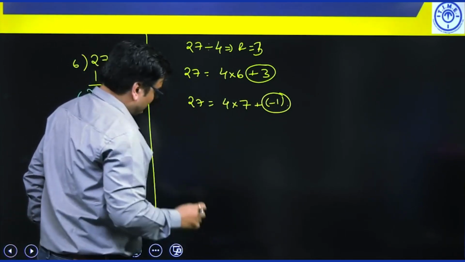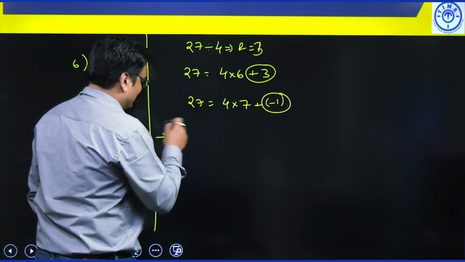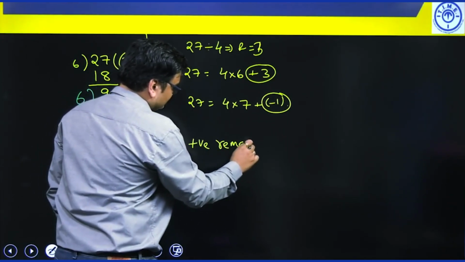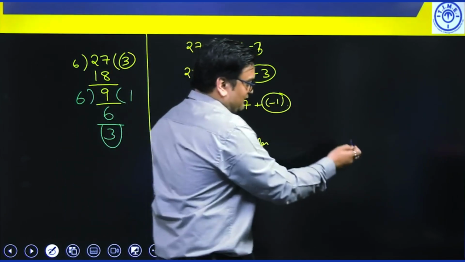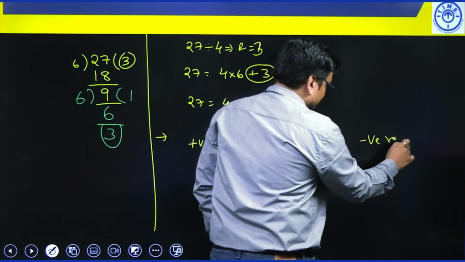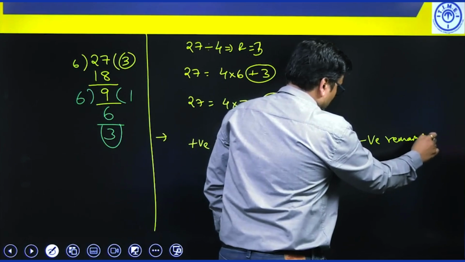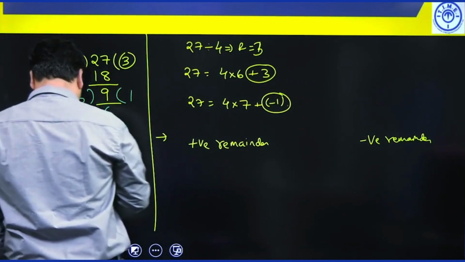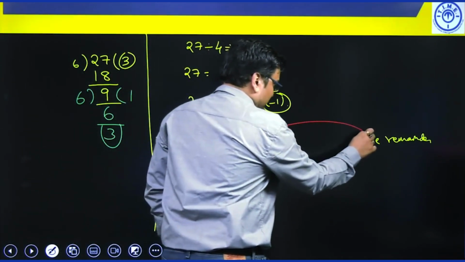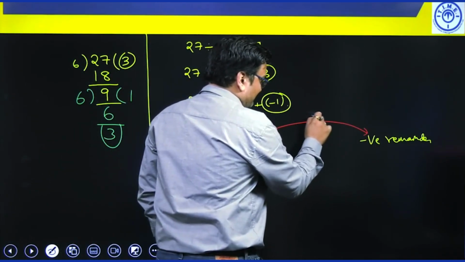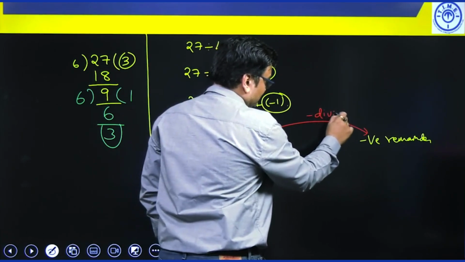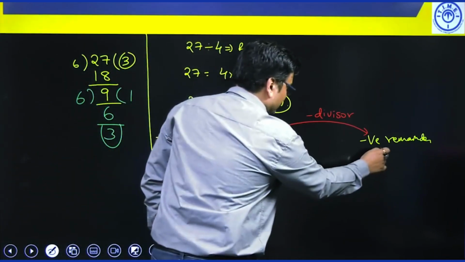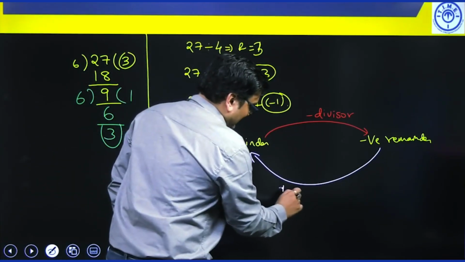Now, how do we convert a negative remainder to a positive remainder or vice versa? The process is, if you have a positive remainder and you wish to convert it into a negative remainder, from here to here, you subtract the divisor, whereas from negative to positive, you add the divisor.